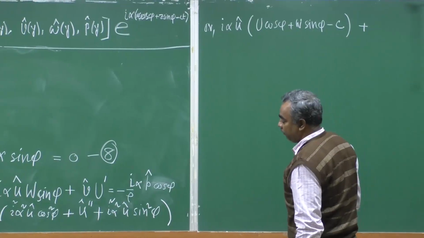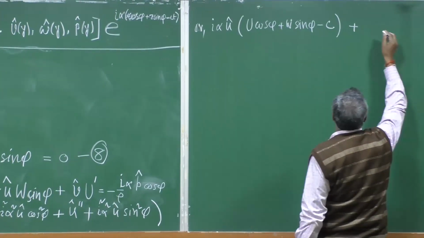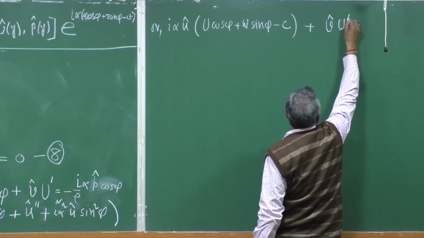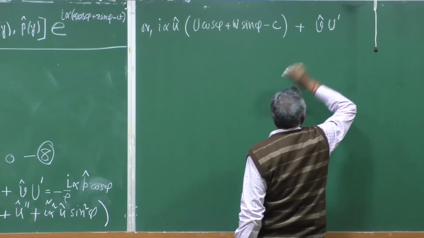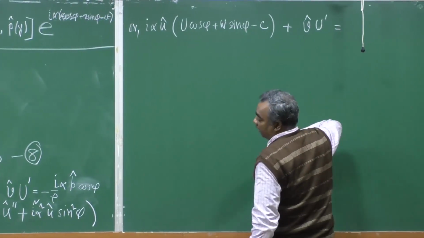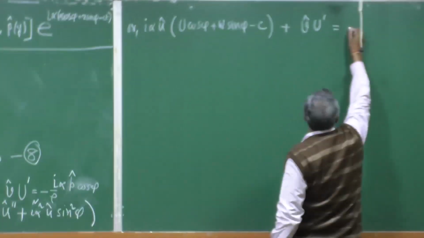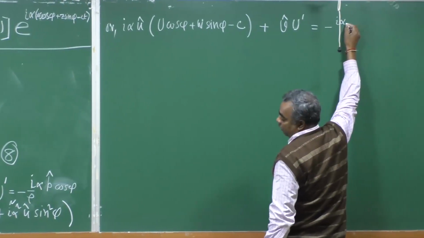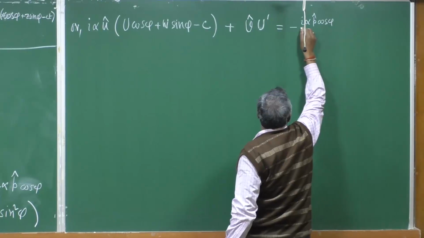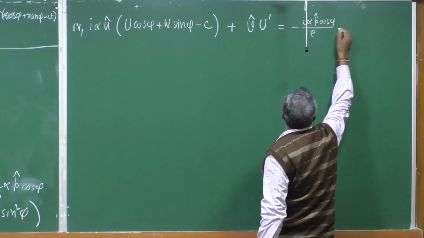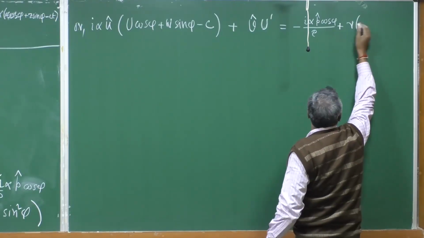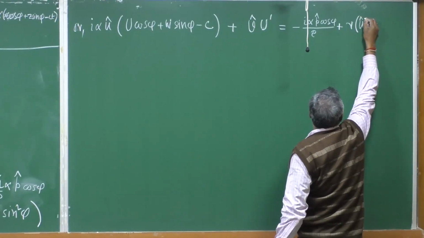plus we have another term, v hat capital U prime, which is nothing but du dy. So, on the right hand side, we have minus i alpha p hat cosine phi by rho, plus nu into u double prime.